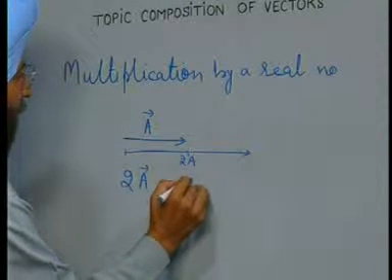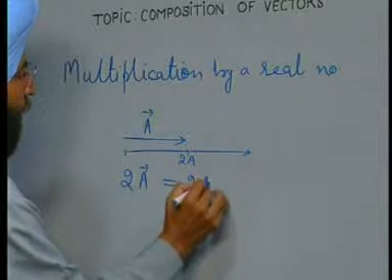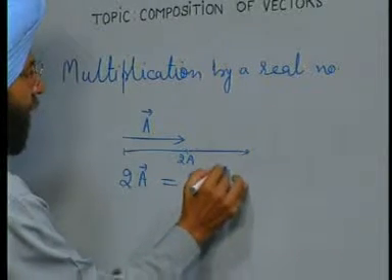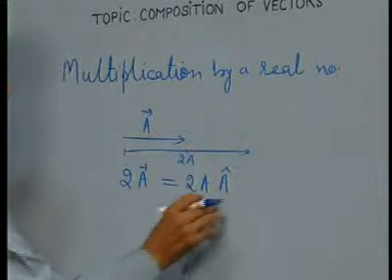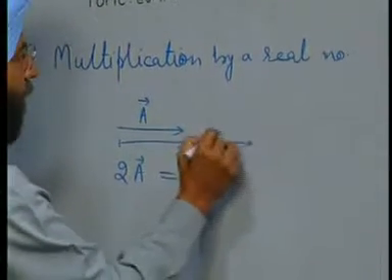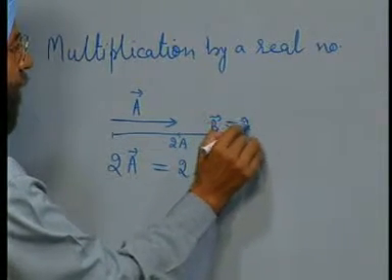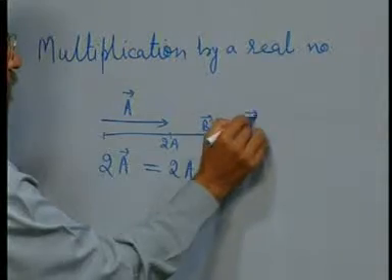So, we will have a vector 2A, and direction is given by the unit vector of A. This vector we call B vector. B vector is equal to 2A.